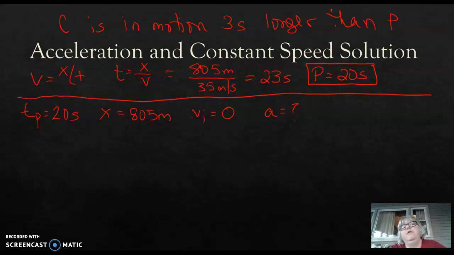Well, if you're looking at your formula sheet, you can see that the first equation, VF equals VI plus AT, I can't use because I don't have VF. And likewise, I can't use the third equation for the same reason. I don't have VF. So that means I have to use the middle equation, X equals VI T plus 1/2 A T squared.